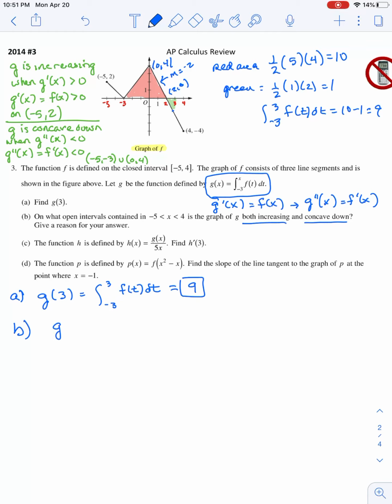We know that g prime of x is equal to f of x, and g double prime of x is equal to f prime of x.